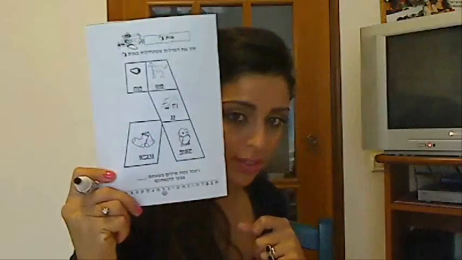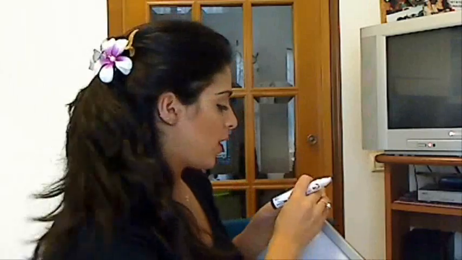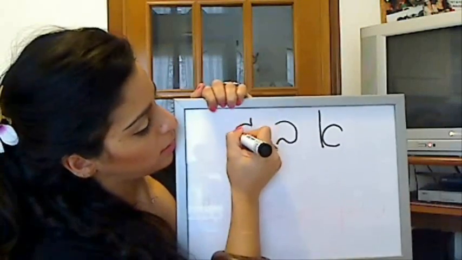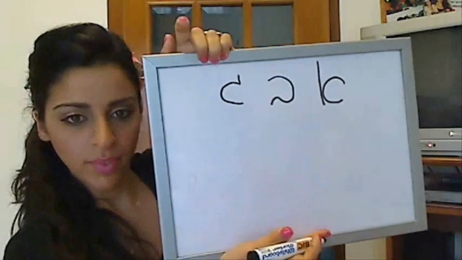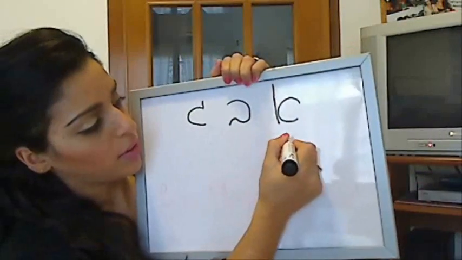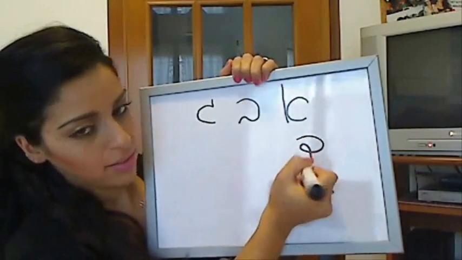Gimel is like this in big letter, and small letter, which is the one that I need, like this. Gimel. Then we have the letter Dalet, which is like this. And in order to write it in handwriting, it's like this. This is the Dalet.